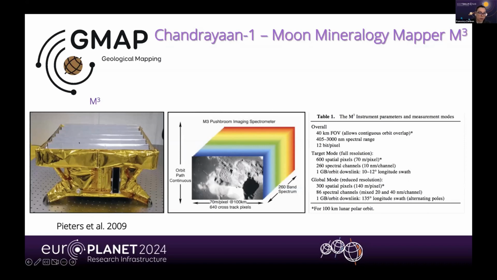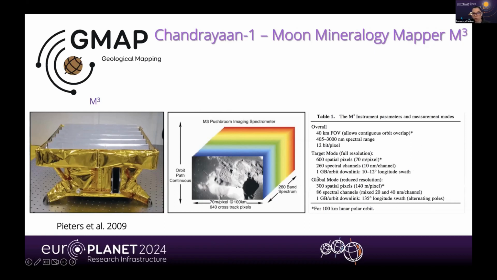So in the center you see a typical image from M cube. So you have an image, and for each pixel you have the spectrum in a number of 260 bands in the case you use all the range.